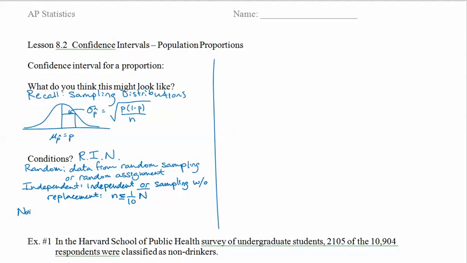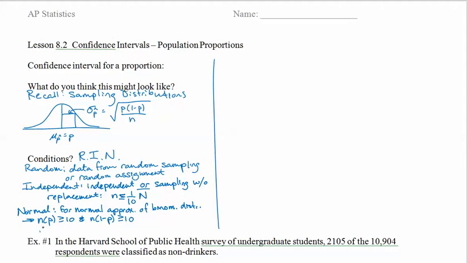And our last one, normal. So for a normal approximation of the binomial distribution, we have to have n times p being greater than or equal to 10, and n times 1 minus p being greater than or equal to 10 as well.